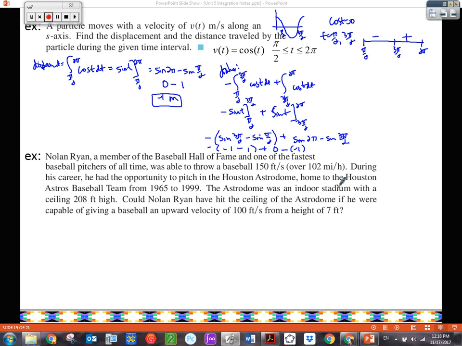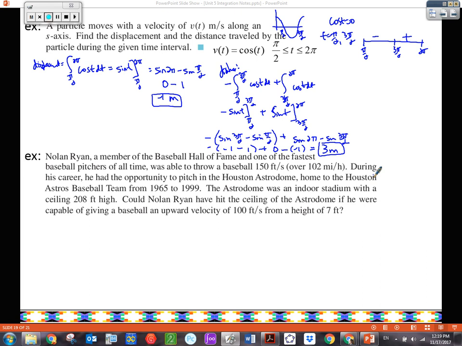Right, so I have a -2, a -2 is a +2, and minus a -1, so my distance is basically 3 meters. 3 meters is my distance. Okay, so that's how we would find displacement and distance by hand using an integral. Okay?